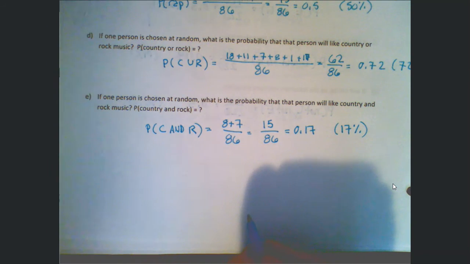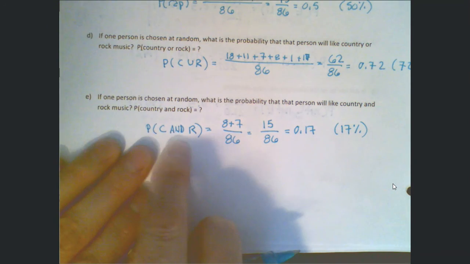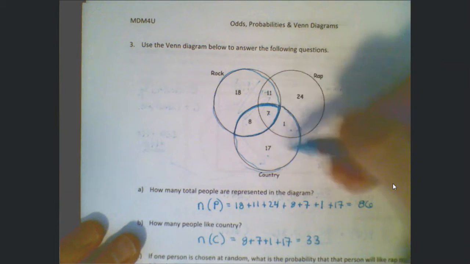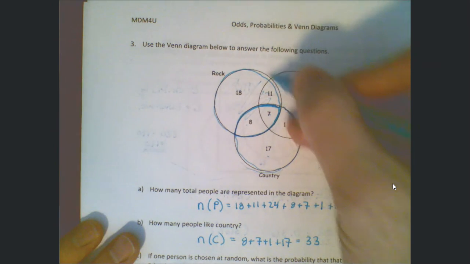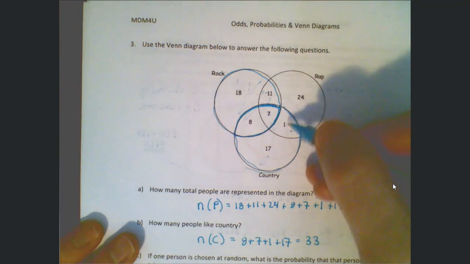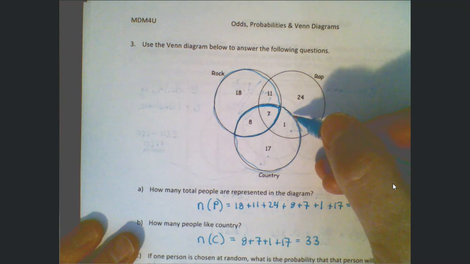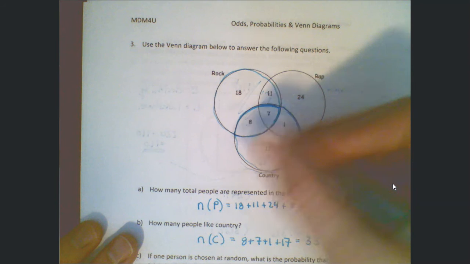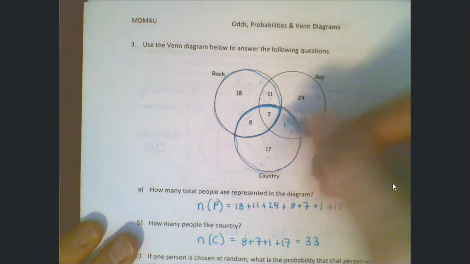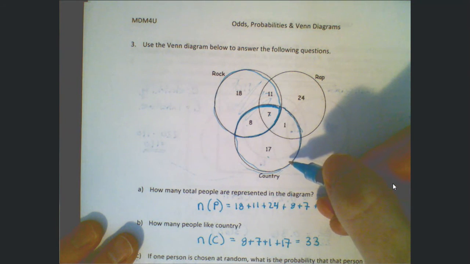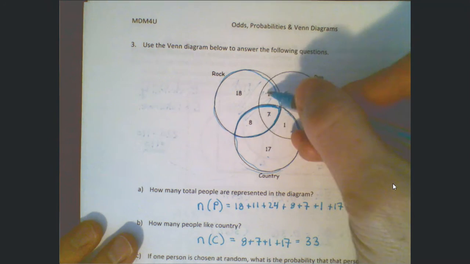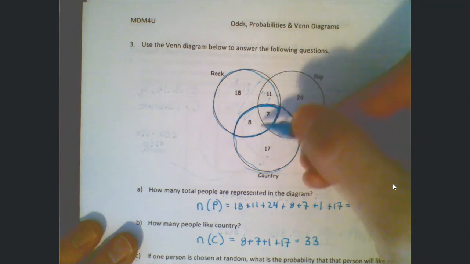Okay. There actually is another way to get this. We know that the OR of rock and country is this added together, okay? And then you would subtract off the center. Well, if you took the total, you could have subtracted off these numbers here, and you'd be left with that.